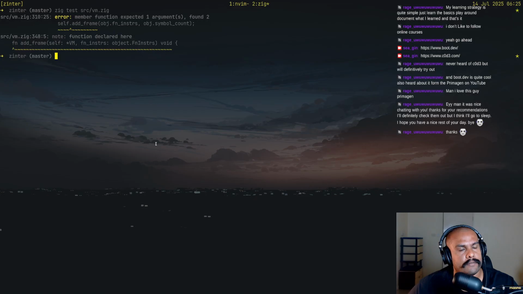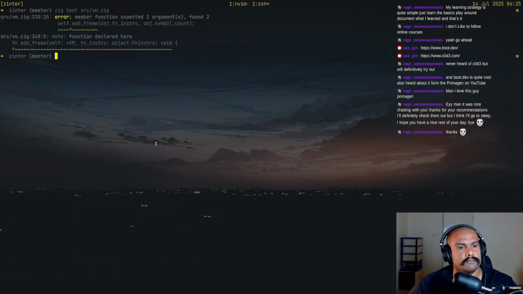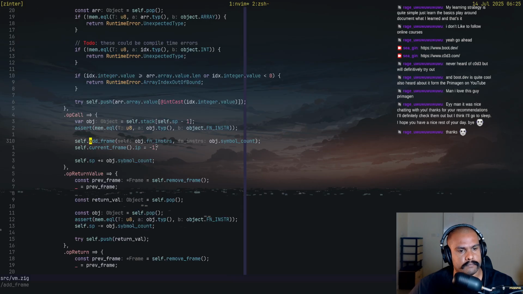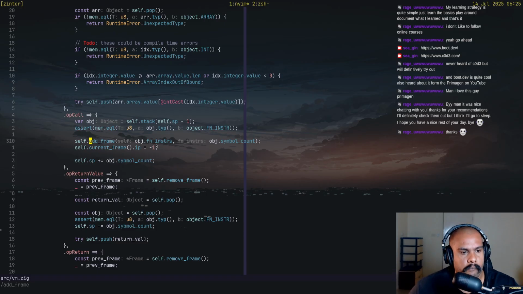Self dot add frame. Not too sure about this bit. Stack pointer plus equals symbol count.